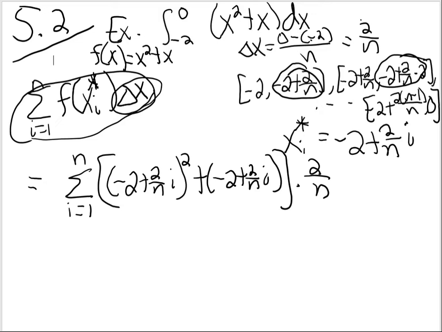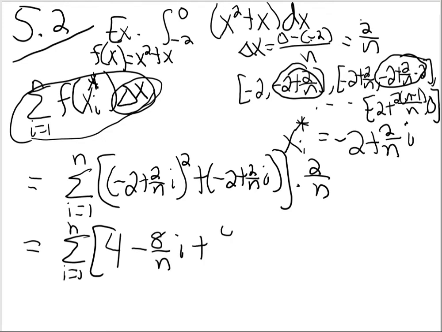Okay, so I can expand that squared term. What do I get? I'll get 4 minus 8 over n i plus 4 over n squared i squared.